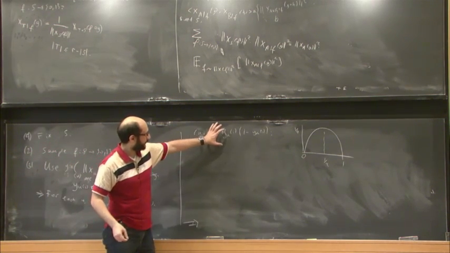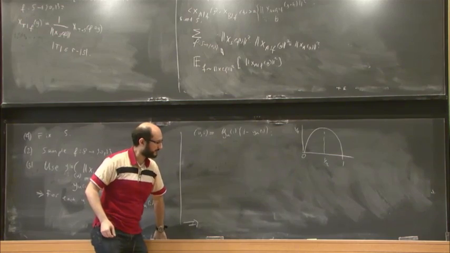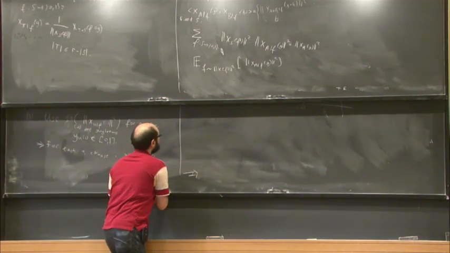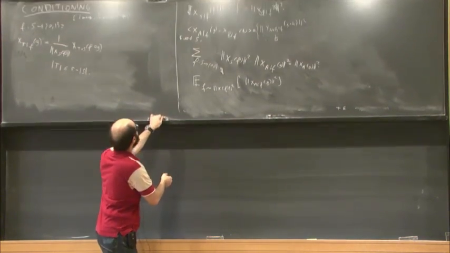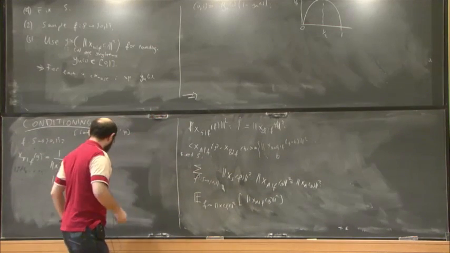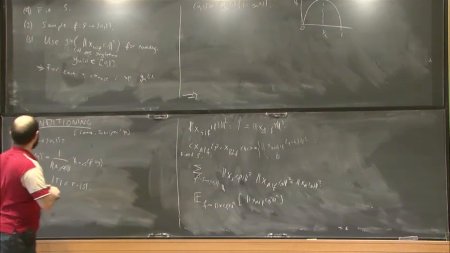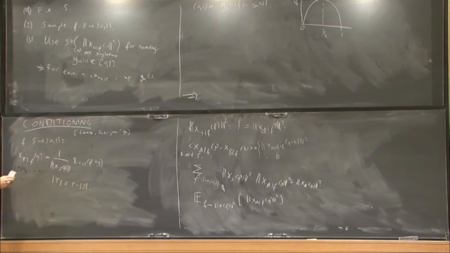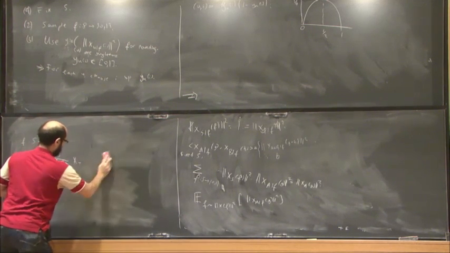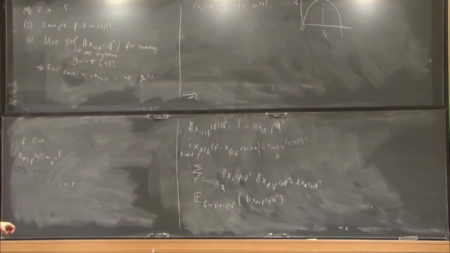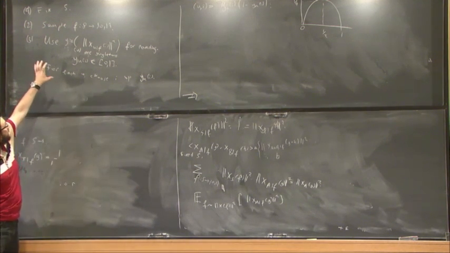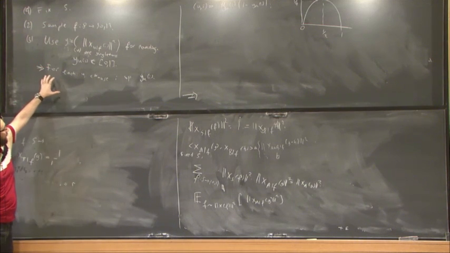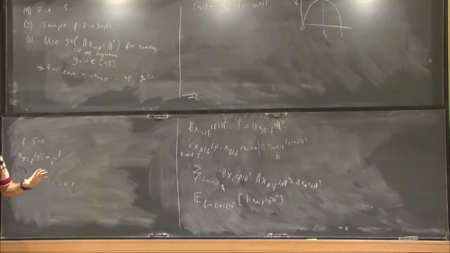I just want to show how this will arise in this context. If I were to do such an independent rounding, it will be independent because I'm choosing all u's independently of each other. After I fixed F, for each variable I'm choosing it independently at random.